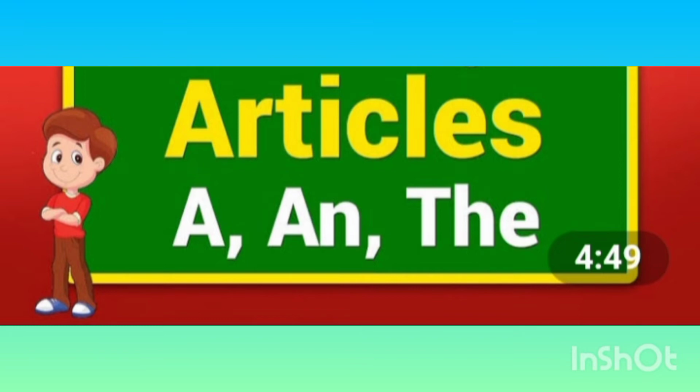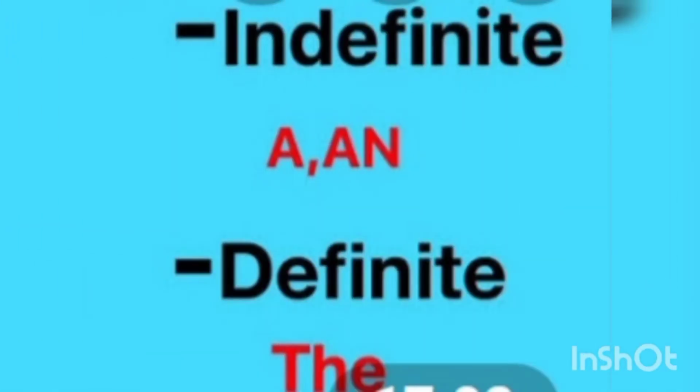There are 3 articles in English grammar. A and an are called indefinite articles because they refer to indefinite nouns or noun phrases. They refer to indefinite person, place, or objects.